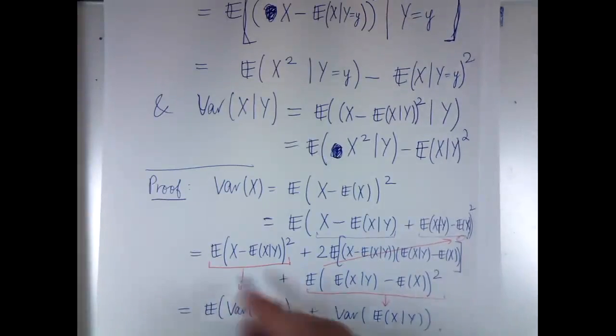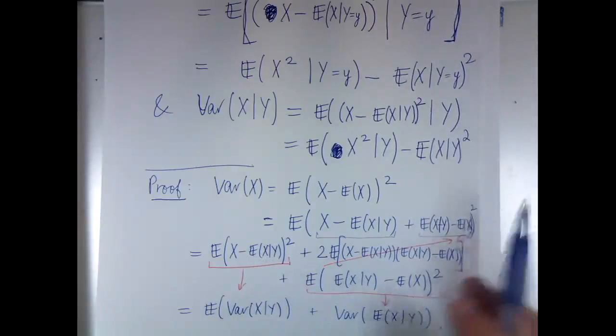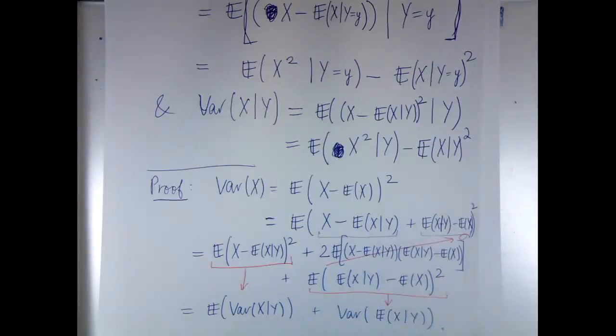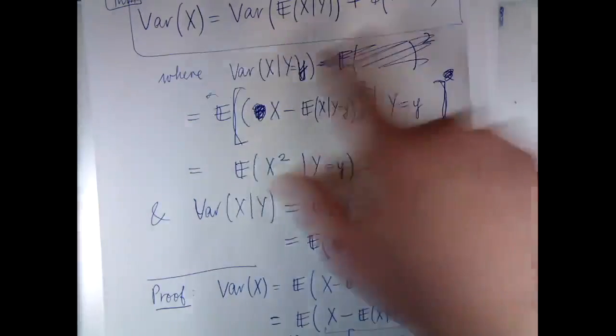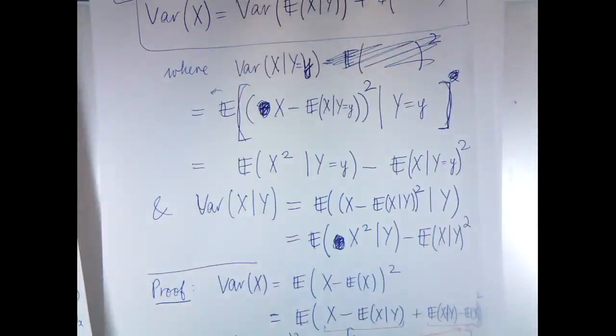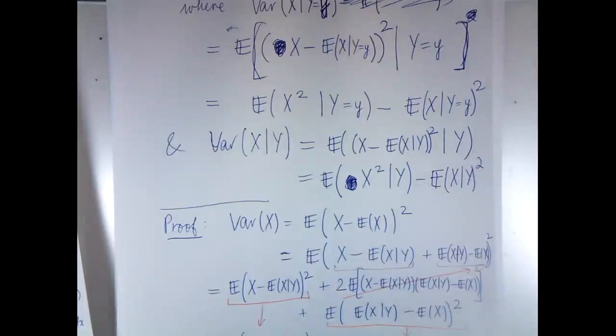There are several applications of the Tower rule, both in saying that this is 0, that one is that, and that one is that. So maybe I'll leave that as an exercise of the Tower rule, or talk about it a little later. But the concept is quite simple. There's an extra term as to how variable X is compared to its conditional expectation. It's got a beautiful formula, and we'll just leave it at that.